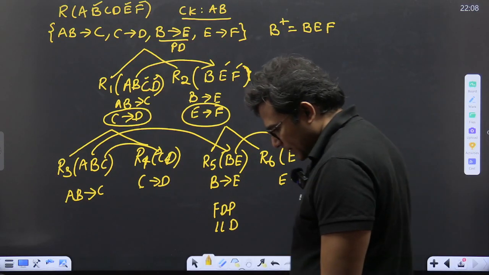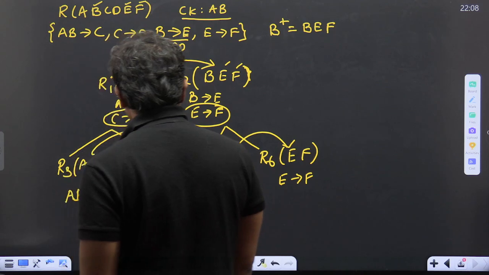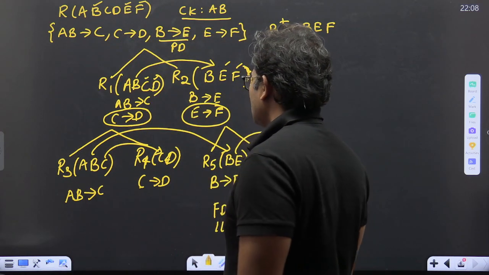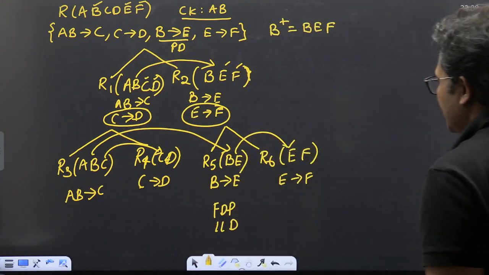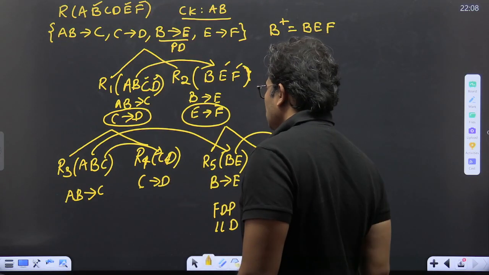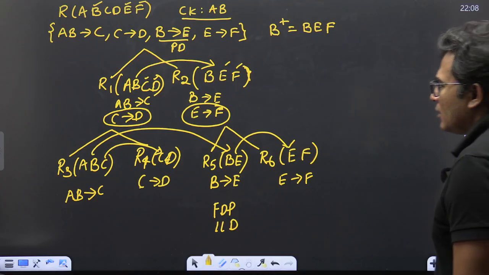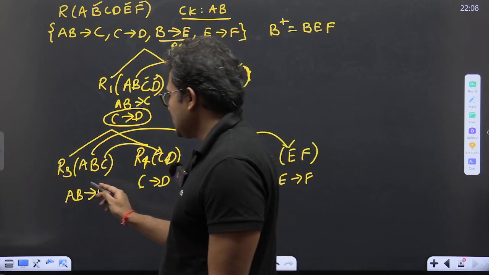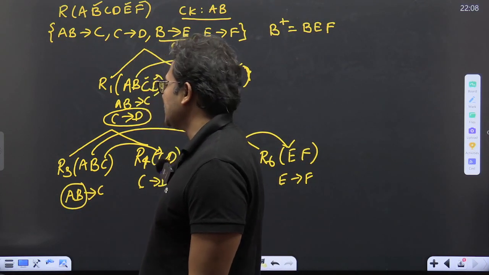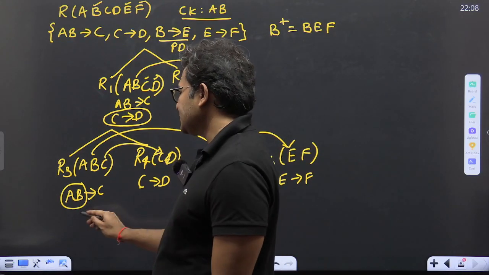Now, one other thing that you have to observe here is that we got four tables, R3, R4, R5, R6. For the first table, AB is a candidate key. The left hand side is a candidate key, therefore this is in BCNF.